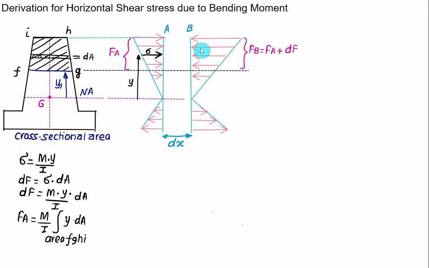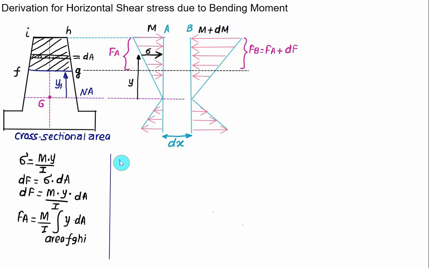Similarly, we can calculate the value of FB on a similar basis. The only thing is that at section B, the bending moment acting is equal to M plus dM. So at this section we have bending moment M, and at the other section we have taken the bending moment equal to M plus dM.